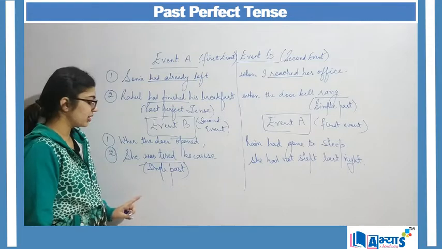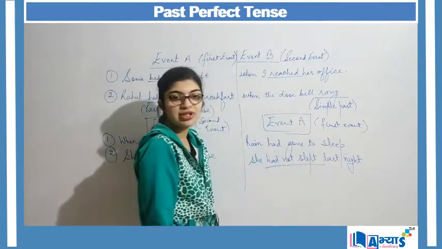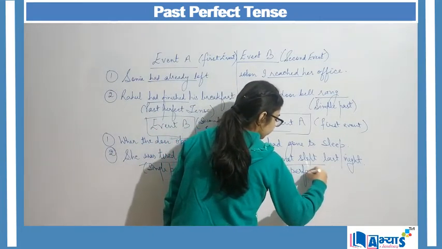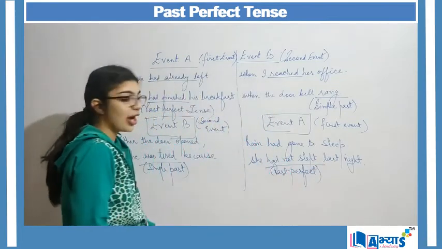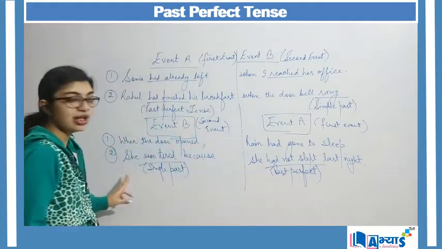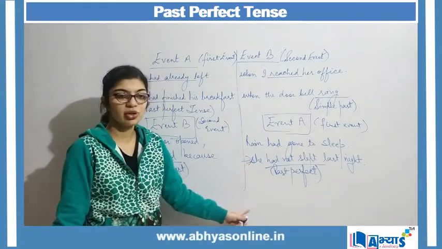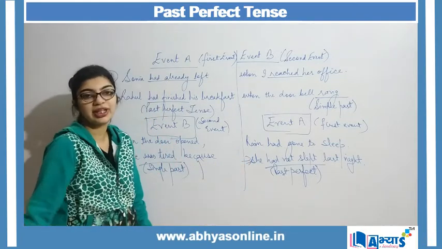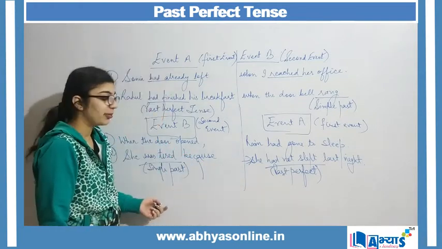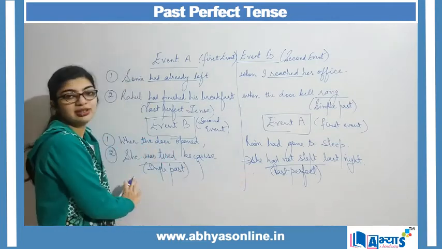She was tired, a simple past tense, because she had not slept last night, my past perfect tense. Now, because she had not slept last night, she was tired. So, this event took place first, only then the second event took place. If she had slept early, she would not have been tired. But since she had not slept, she was tired. So again, this is event 1, this is event 2.